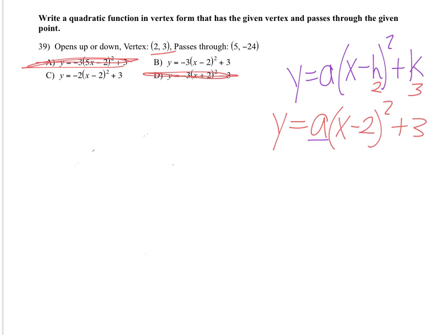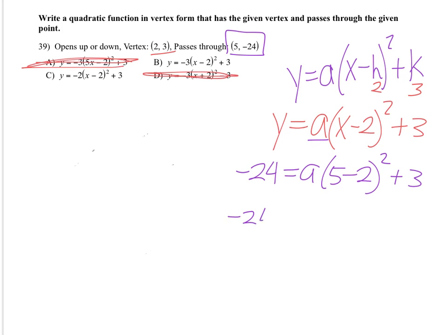Next step is I've got to solve for a, and to do that I'm going to use the point that they give me. So negative 24 is equal to a times the quantity 5 minus 2 squared, plus 3. 5 minus 2 is 3, squared is 9, and then plus 3.